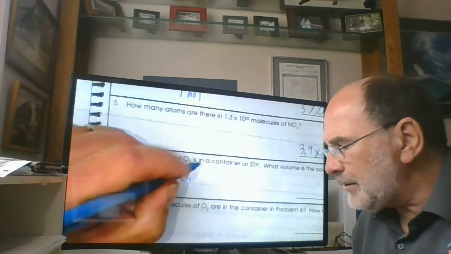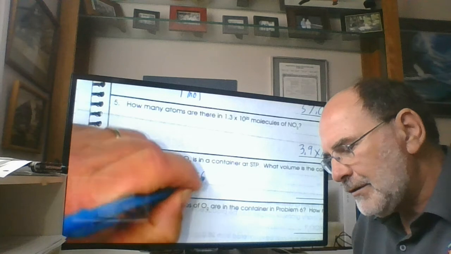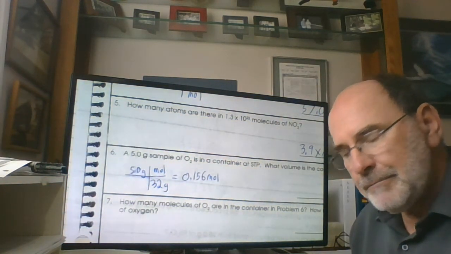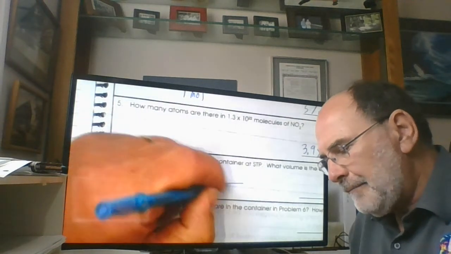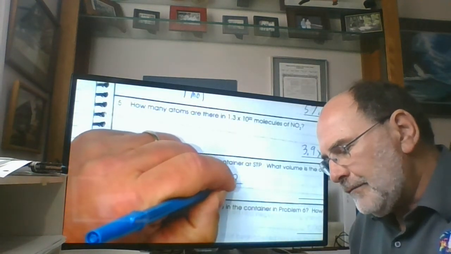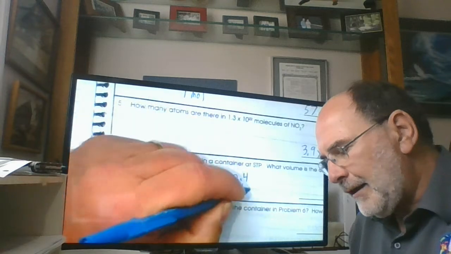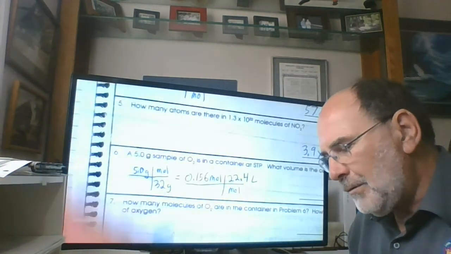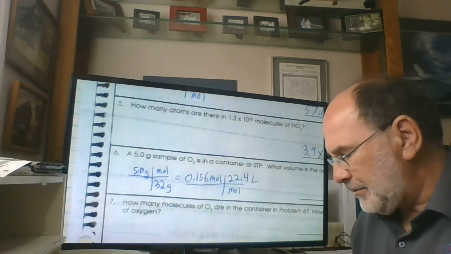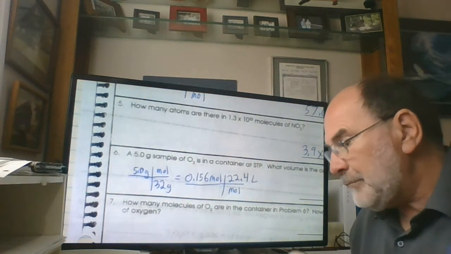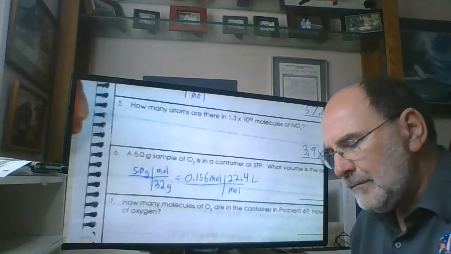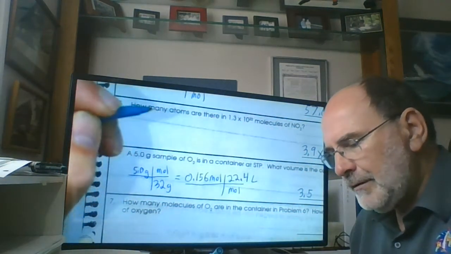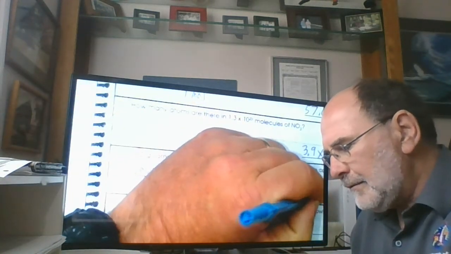I get 0.156 moles. I'm at standard temperature and pressure. So now I use the conversion that an ideal gas has a volume of 22.4 liters for each mole at standard temperature and pressure. So this times 22.4, and I end up with a nice round number, 3.5 liters.